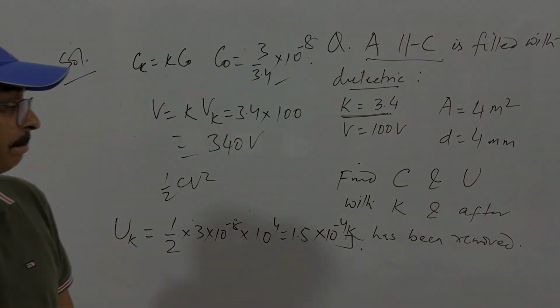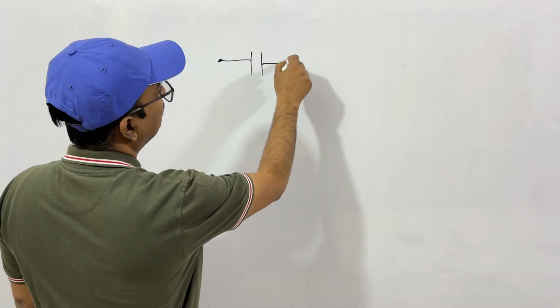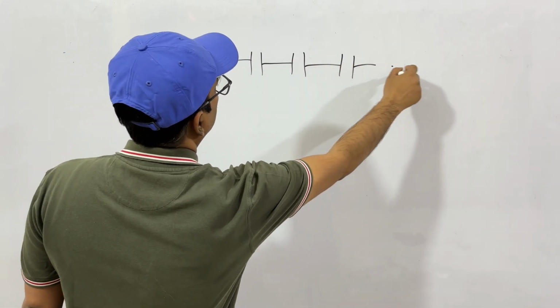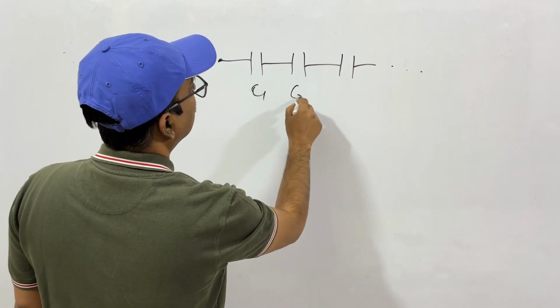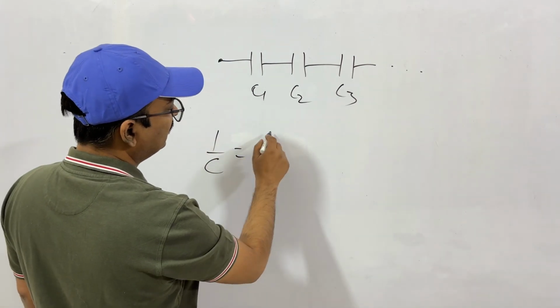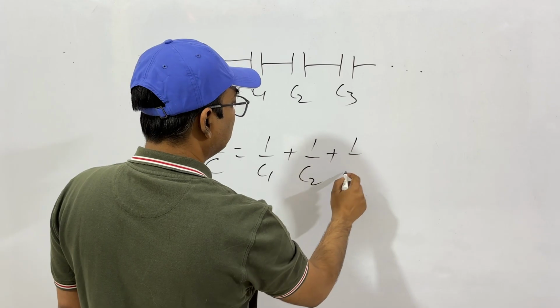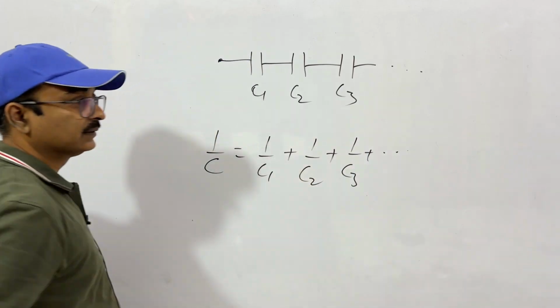Okay. We know when capacitors are connected in series like this, C1, C2, C3, the net capacitance, if it is 1 by C, we have this relation, that is equivalent capacitance will be like this.